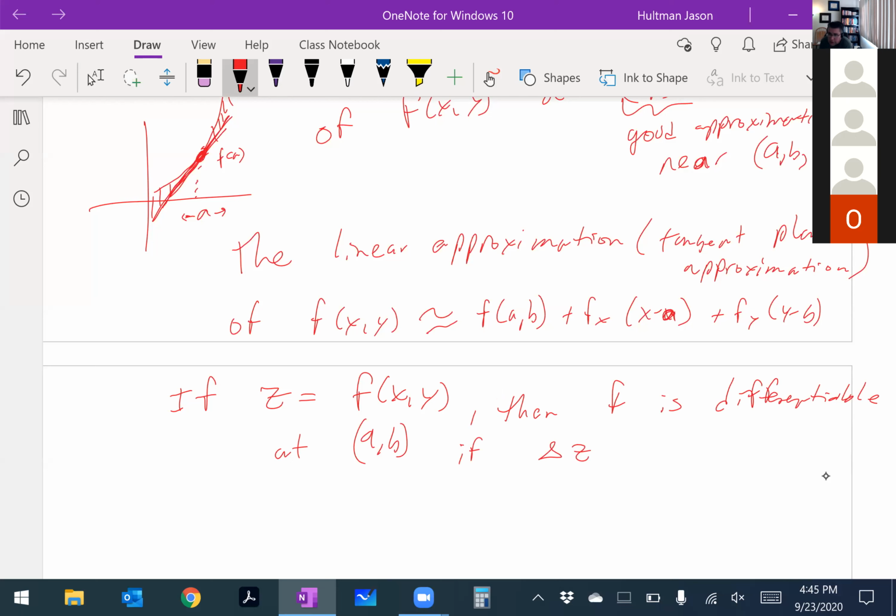Delta z is just the change in z, right? The change in z, which kind of makes sense, is going to be with respect to a linear approximation.